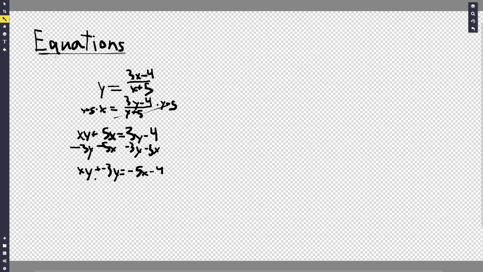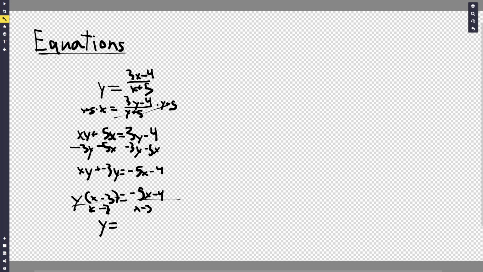And from here we can factor out the y. So we factor out y times x minus 3 is equal to negative 5x minus 4. We divide by x minus 3 on both sides, and we get our answer.